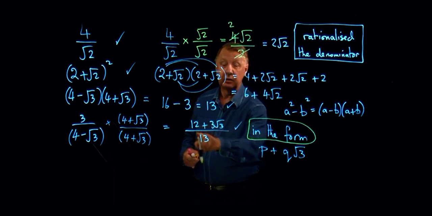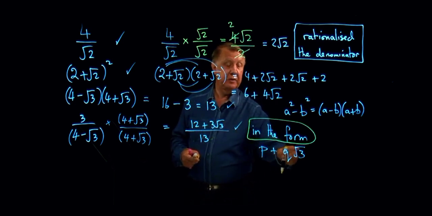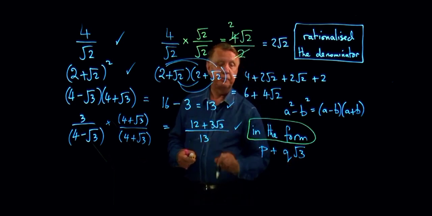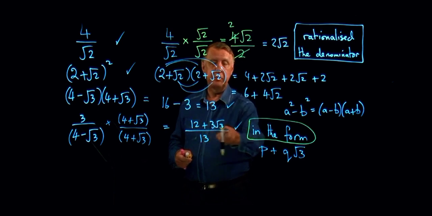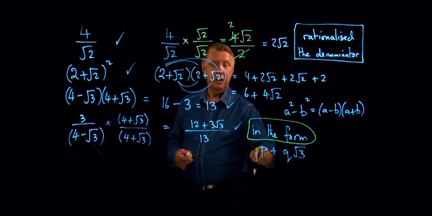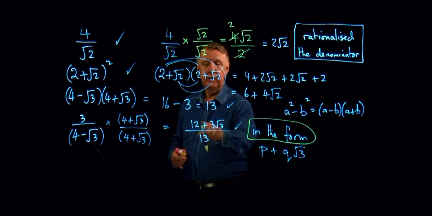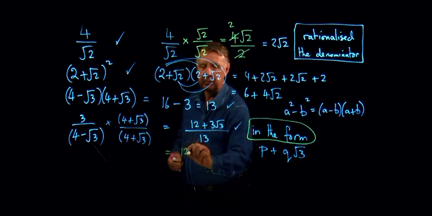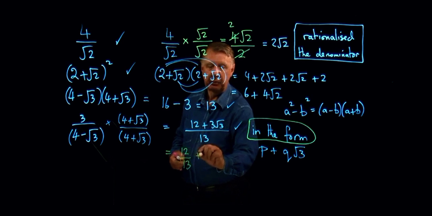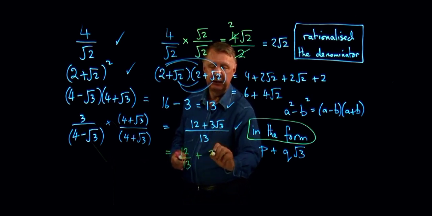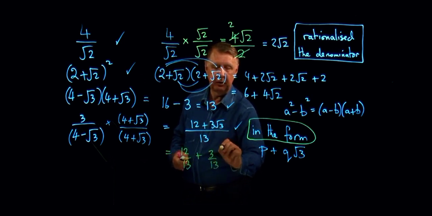Well, this doesn't look like this because it's got a bottom line in it. So I need to get rid of that bottom line. So how can I do that? Well, I can use simple rules of fractions again. I can split this up as 12 over 13 plus 3 root 3 over 13.